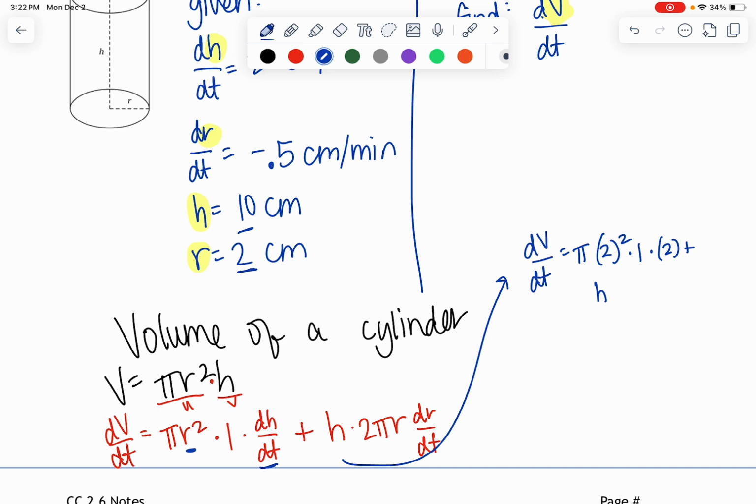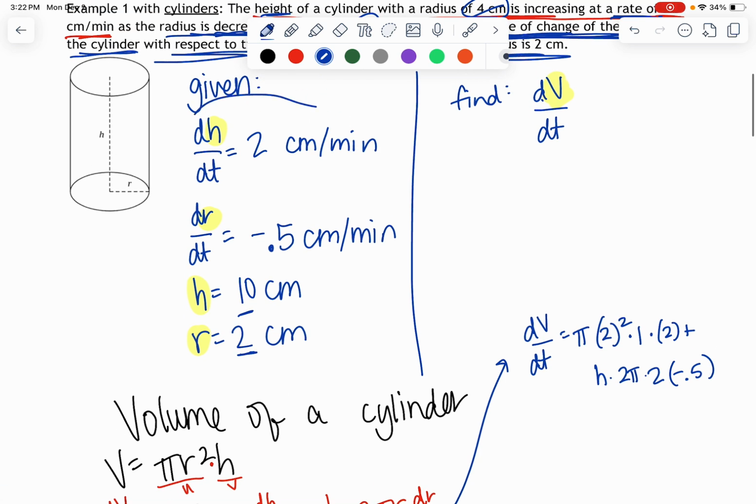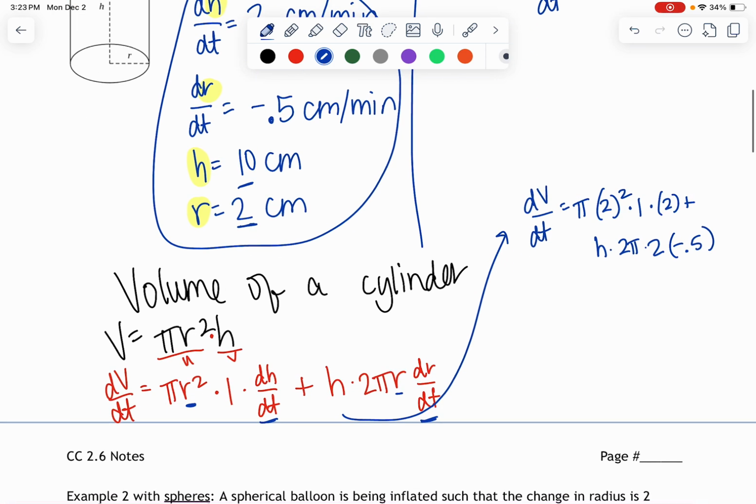I'm just getting that from my given column, times 2 pi r, r is 2, and dr/dt is negative 0.5. So I got all the stuff that I needed to plug in from my given column, so I think it's worth it to write all that stuff down. Plugged it all in, and then dv/dt is whatever this is when we simplify.